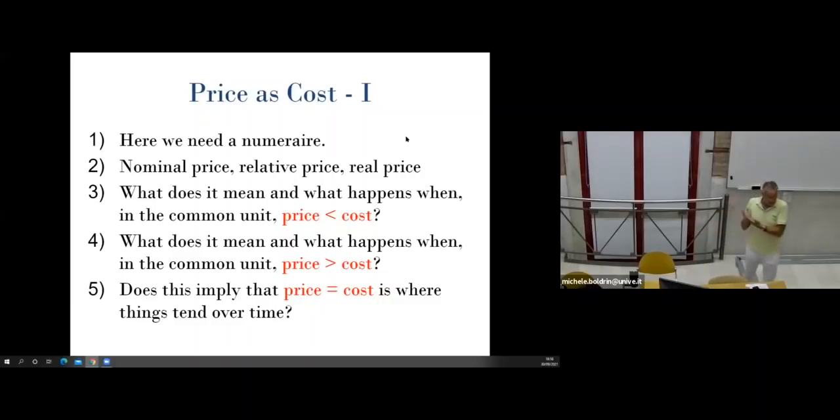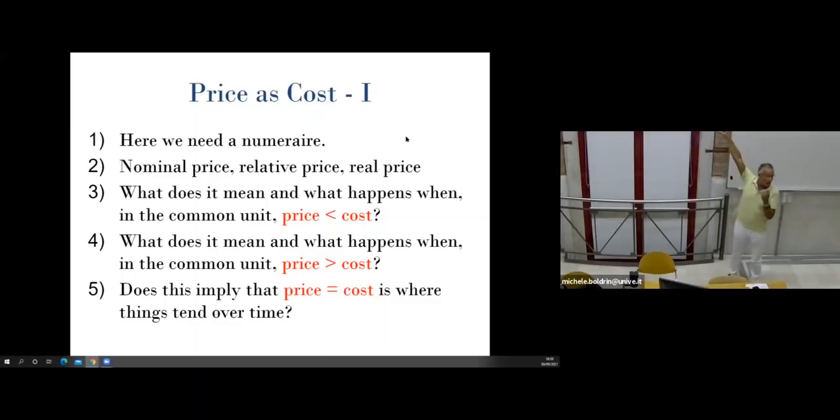In the opposite case, and again, when it's regular and not special, what will we observe? That when something trades at a price higher than the cost, more people will try to supply it, or fewer people will try to demand it.